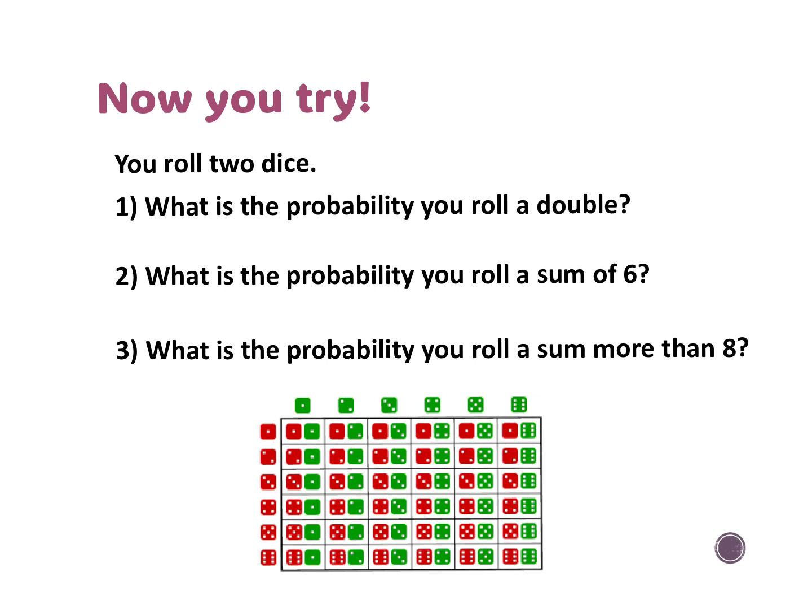So let's take a look at this example here. It says you roll 2 dice. What's the probability that you roll a double, roll a sum of 6, or roll a sum more than 8? Here we have the sample space right below us. First, we're going to find the probability of a double. We have to figure out how many outcomes are in the sample space. If you roll 2 dice, 6 options on the first die, 6 options on the second die, we have a total of 36 possible outcomes.